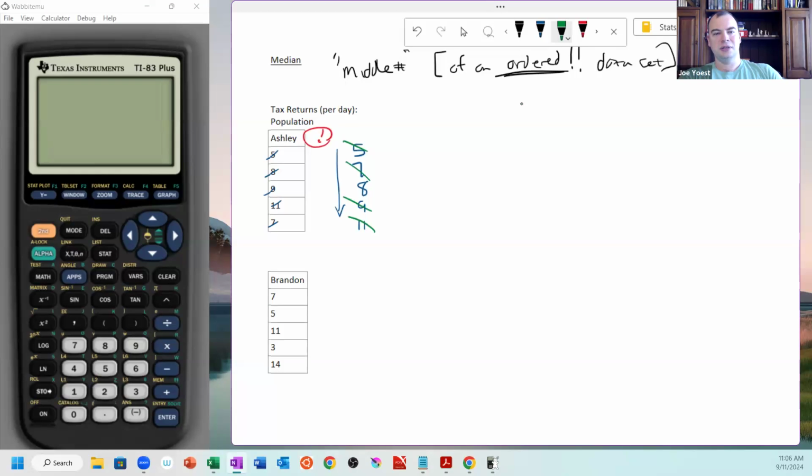I cancel those, and I'm down to only one left. That's the middle number. With a data set of size 5, it's easy to just look at it and tell what the middle number is. But if you had a data set of size 51 or something, it would be a little more challenging, and crossing out from the ends makes it go a lot quicker.